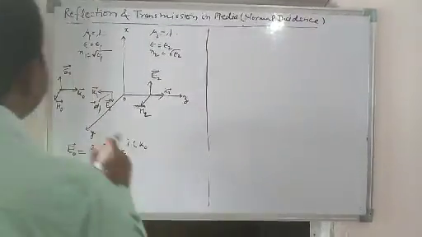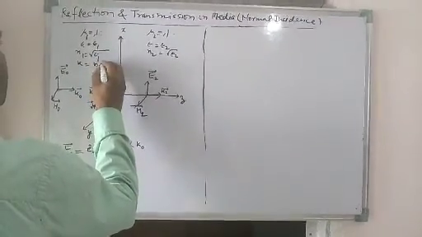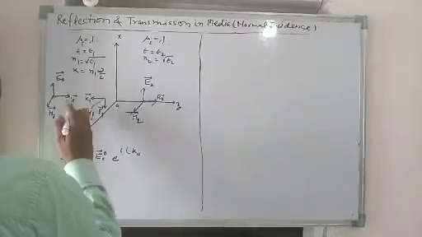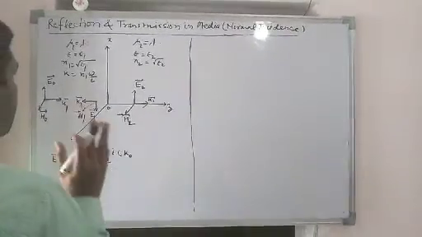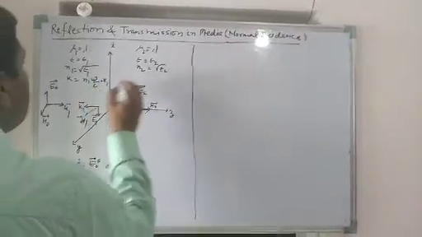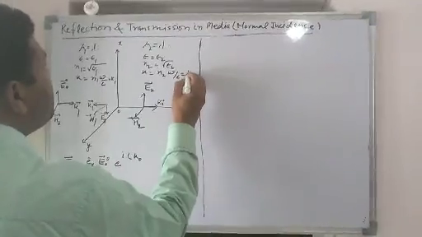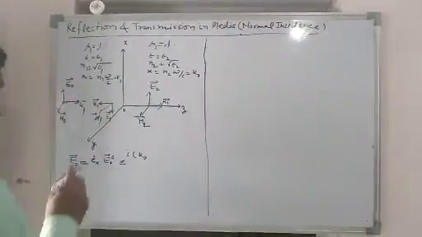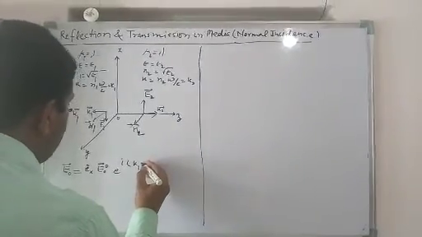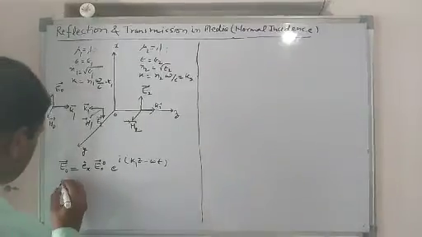Or rather, if you wish, k is going to be simply n1 omega by c. So that's going to be the same for both of them. So you could write this as K1. In this case, k is going to be n2 omega by c, which is essentially the K2. So this is going to be e to the power i K1 z, because the direction of propagation is z. So that's how you will write.